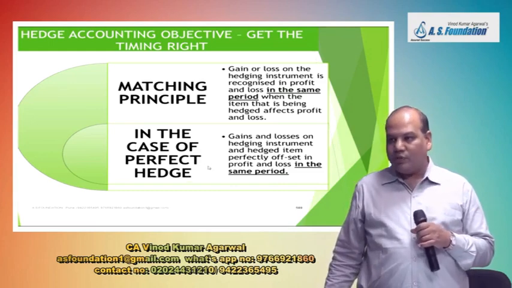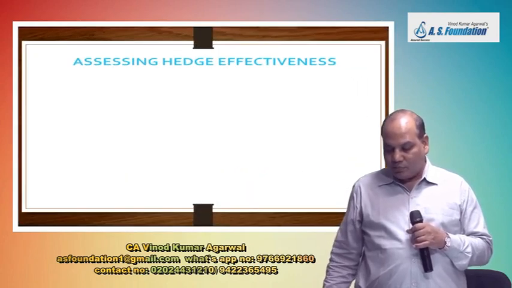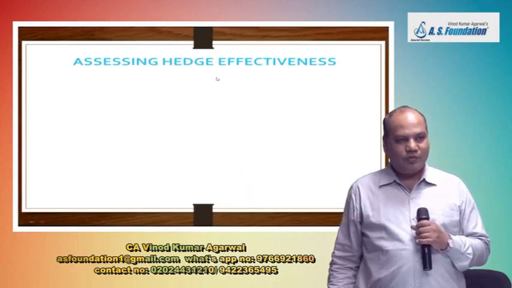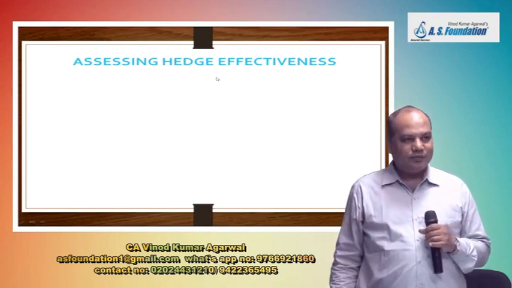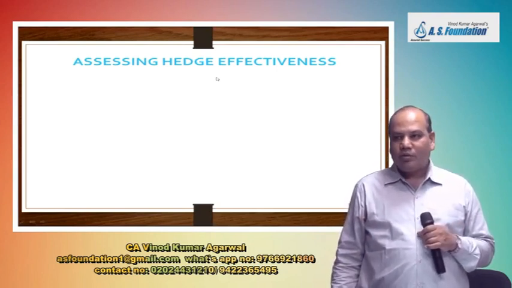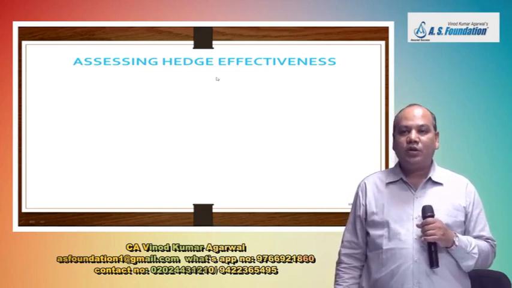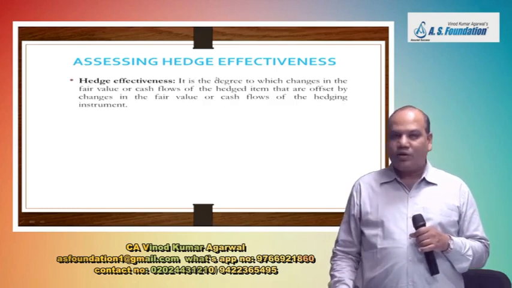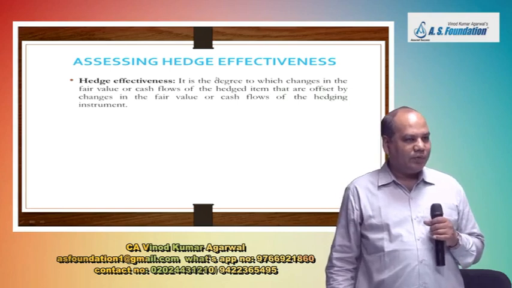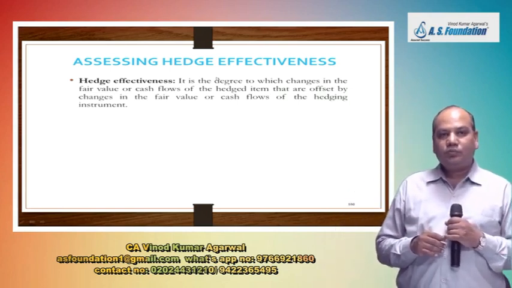Perfect hedge may not always be possible, but the standard says that if not perfect, at least the hedge should be effective. So this standard will be applicable only if the hedge is effective. There is no benchmark in this standard for checking the hedge effectiveness. It has been left to your judgment.